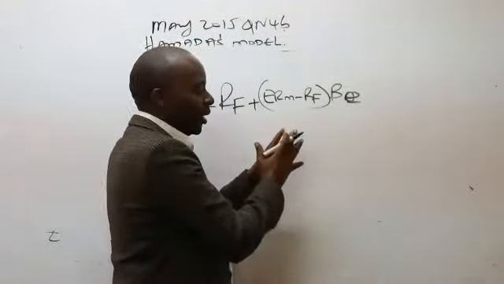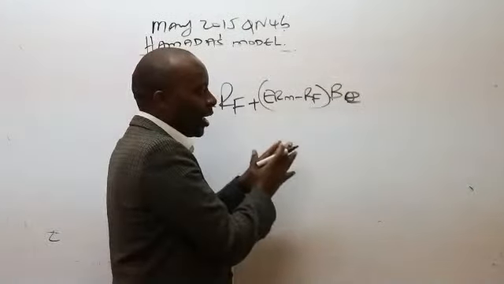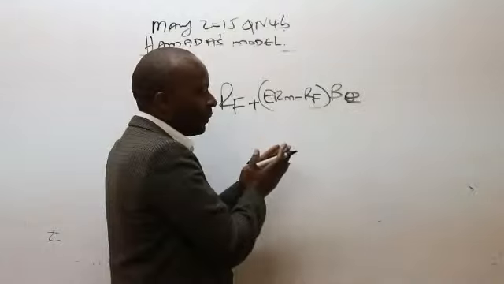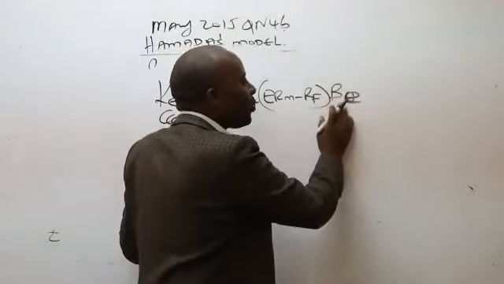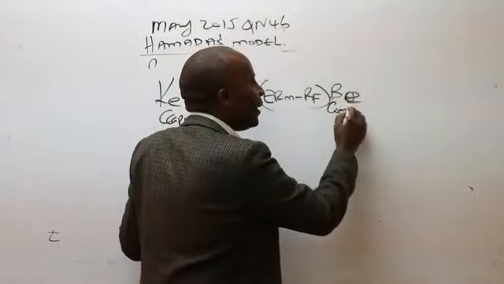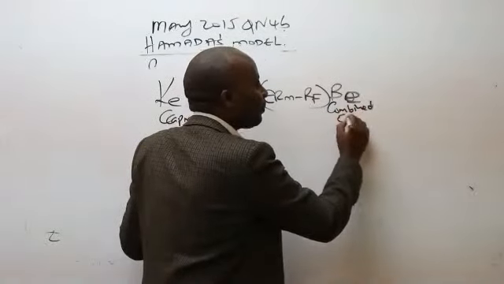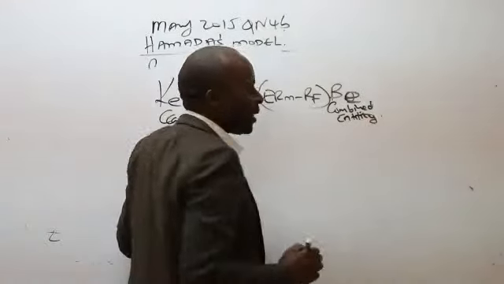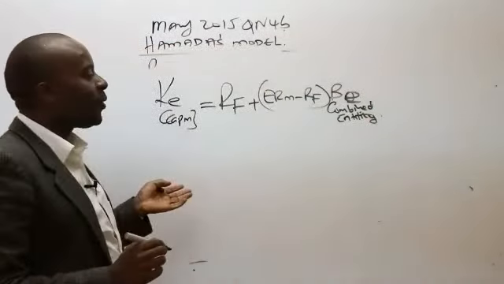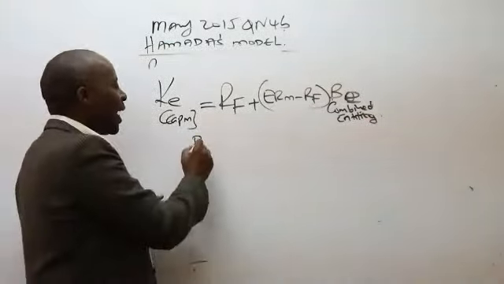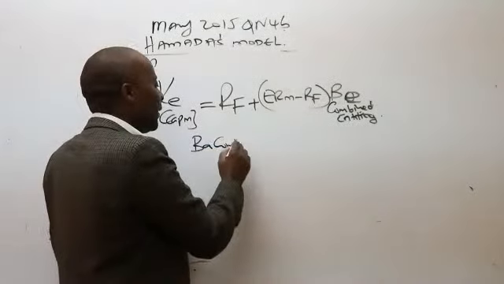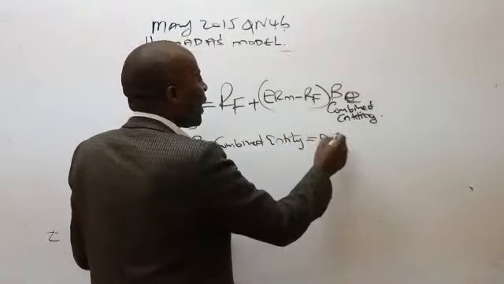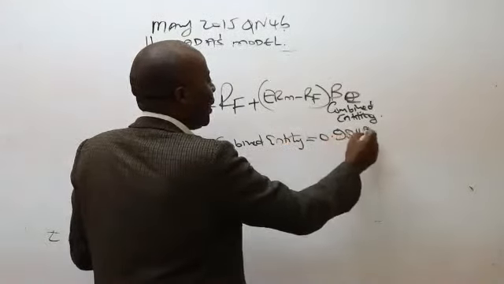Now that these 2 companies have married each other, they are now together, I would want us to work with beta equity for the combined entity. What I happen to have is beta assets of the combined entity, which is 0.9848.